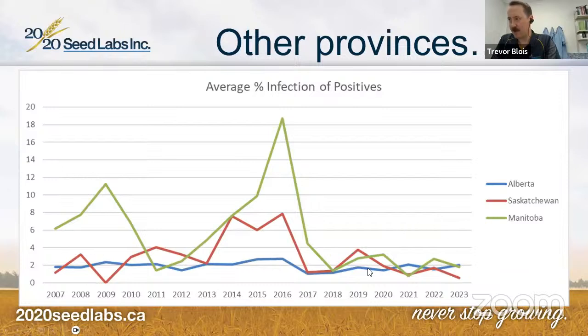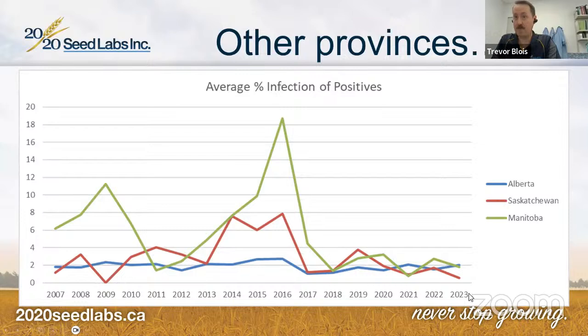And the average infection of positives in those areas is actually lower this year than in Alberta. So, I showed this before. Alberta is about 2% in the average sample that is positive. Manitoba is just under that, and Saskatchewan is even less than 1% in the average positive sample.